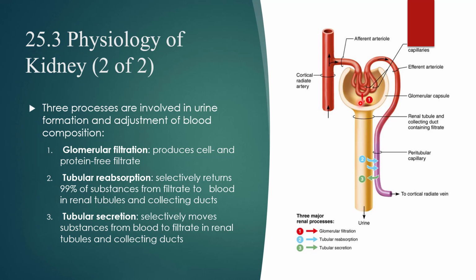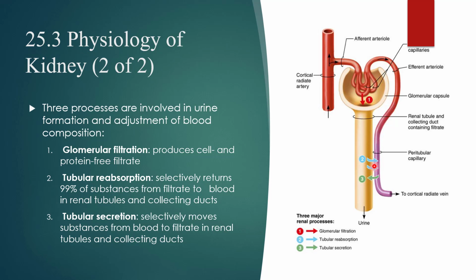And tubular reabsorption is where all of the filtrate goes through here, can you imagine that? If all 180 liters in a day would be processed here by the glomerulus, you don't want to be losing all 180 liters of fluid. So part of it is being selectively reabsorbed. You can see that.